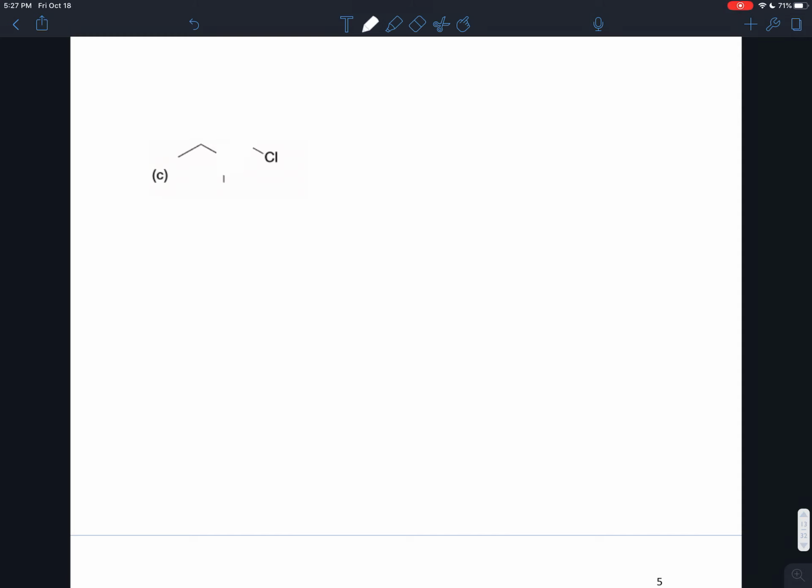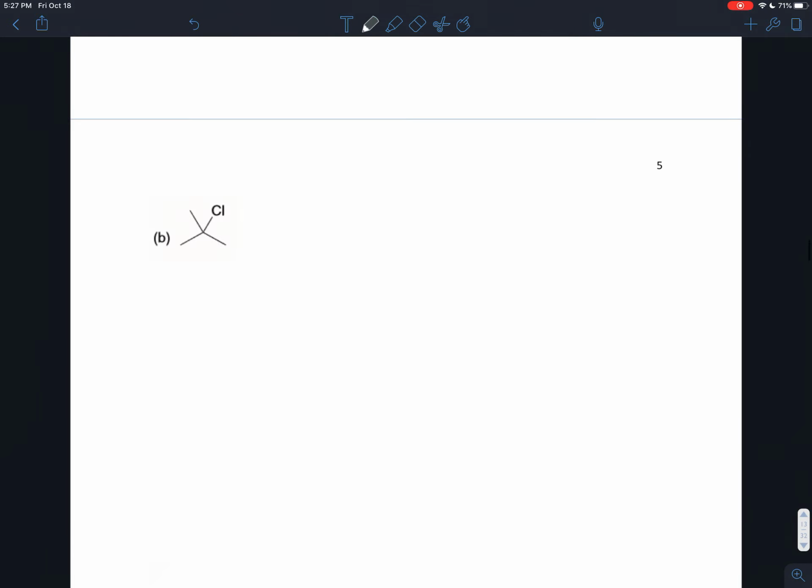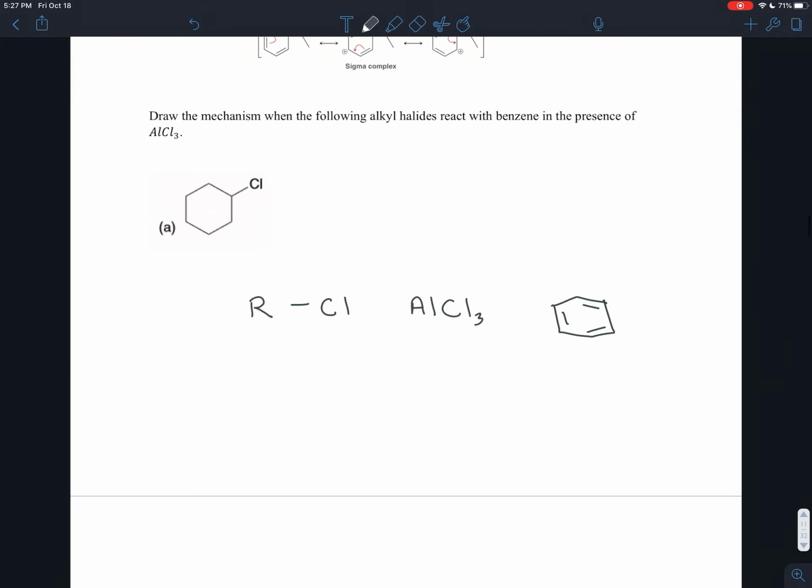It'll be a different carbon chain. In all those cases, though, you have a carbon chain with a chlorine on it. And that's that first ingredient in this recipe, a carbon chain with a chlorine on it. The other two things are always a metal catalyst and benzene.